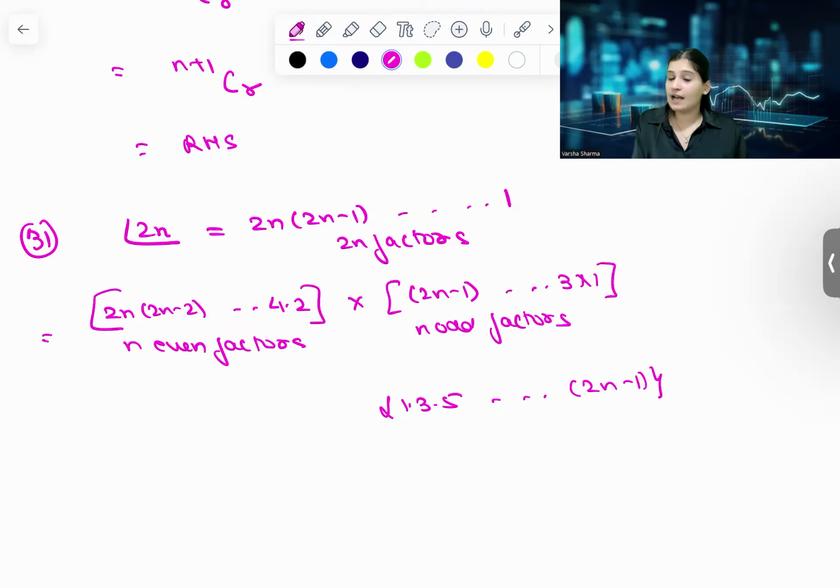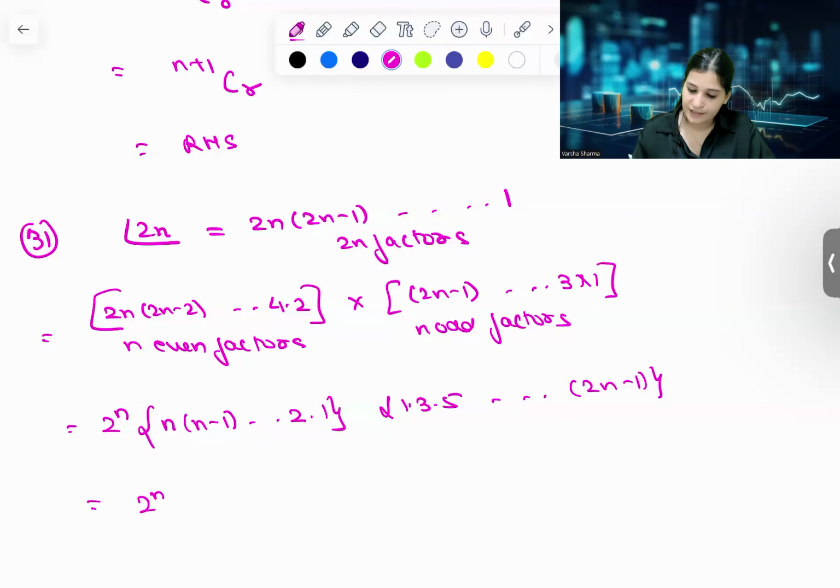Here there are n even numbers, so there will be 2 power n. From each of the numbers, we have taken 2 outside. So from 2n, if I take 2 outside, I'm left with n. From 2n minus 2, I'm left with n minus 1. From 4, I'm left with 2. From 2, I'm left with 1.